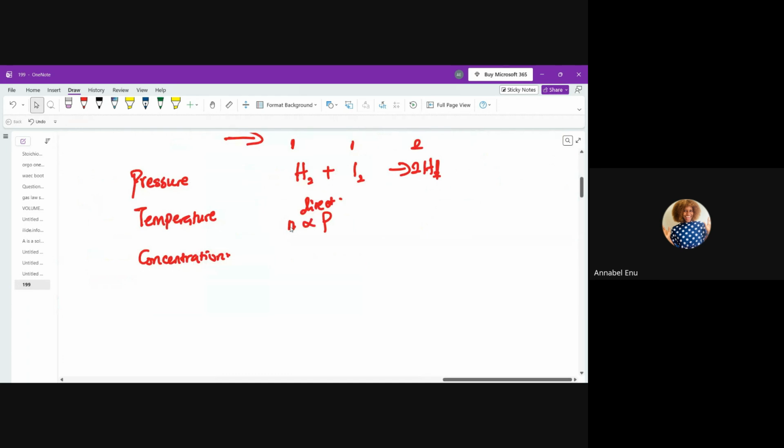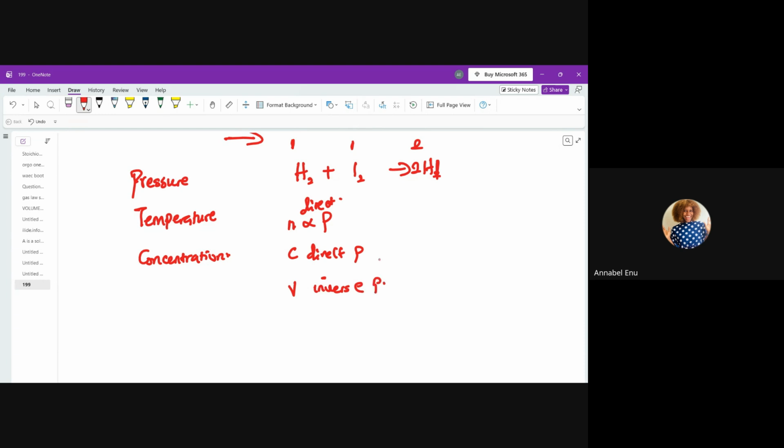Another thing to note is that if the number of moles is directly proportional to pressure, concentration also has direct proportionality to pressure, and volume has inverse proportionality to pressure.